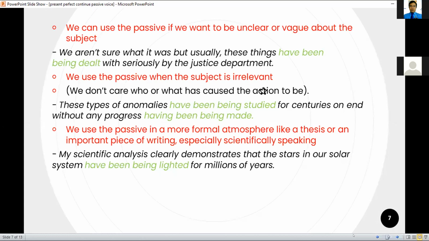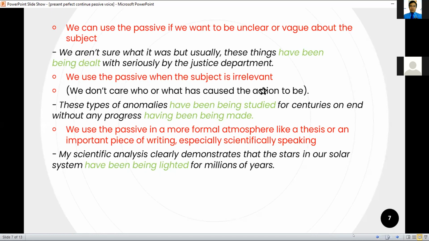For example: we answer what it was, but usually these things have been being dealt with seriously by the justice department. So this is something we don't know for sure. We don't know for sure when the justice department deals with it.